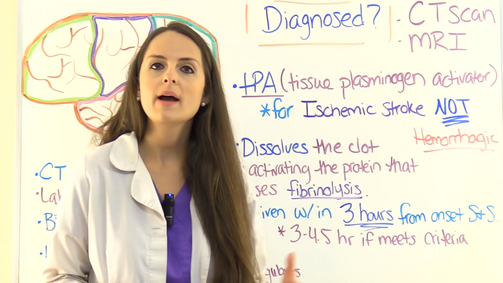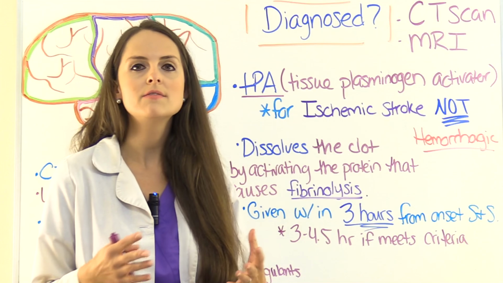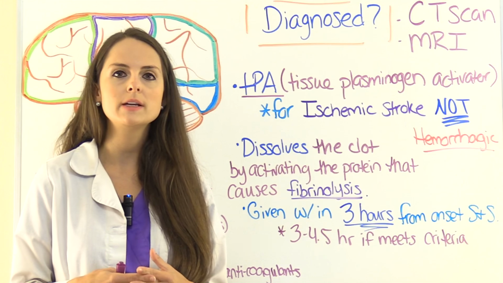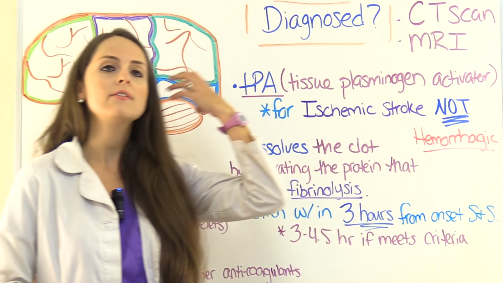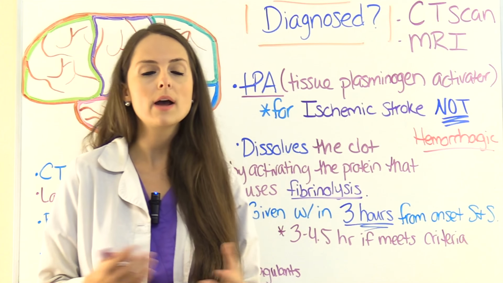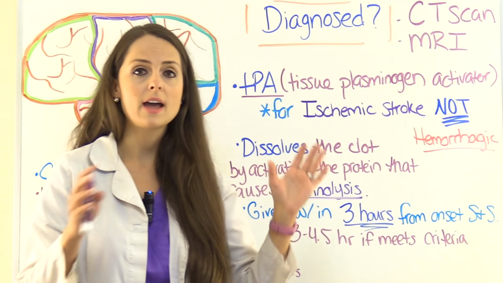So now let's talk about how a stroke can be diagnosed and what can be ordered by the physician, because as a nurse, you need to know what can be ordered, what we should be looking out for. Okay, so the patient's having those signs and symptoms that we have just talked about. So what can happen is that the physician can order a CT scan of the head.